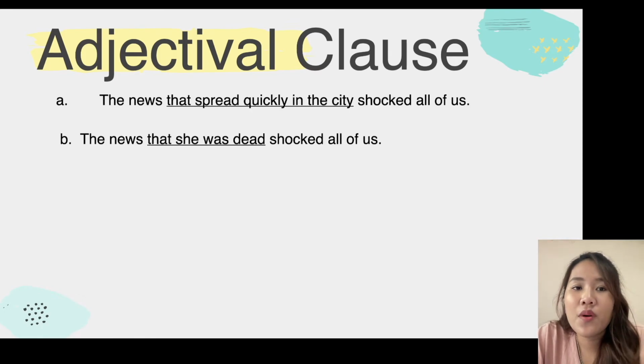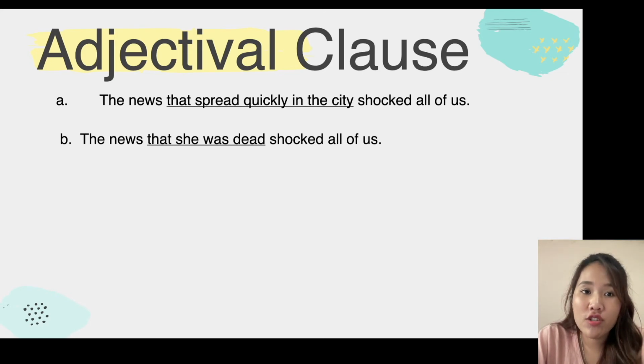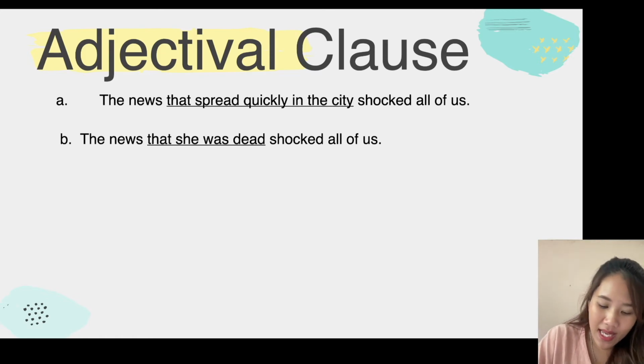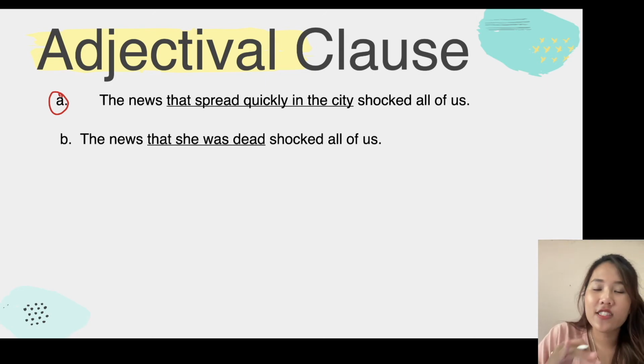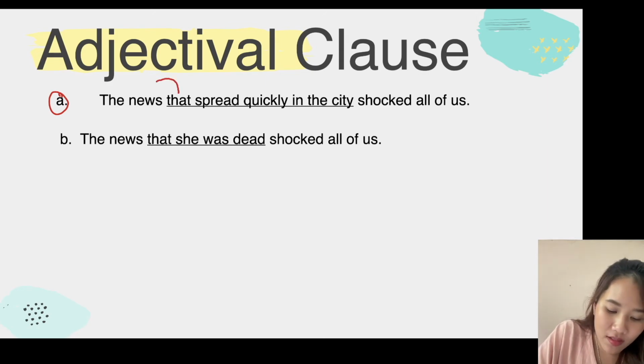Okay, so there is a bit of information here, like the news that spread quickly in the city shocked all of us, and the news that she was dead shocked all of us. As you can see in item A, the news that spread quickly, so that already modified news, and that is the subject of the verb phrase spread quickly.